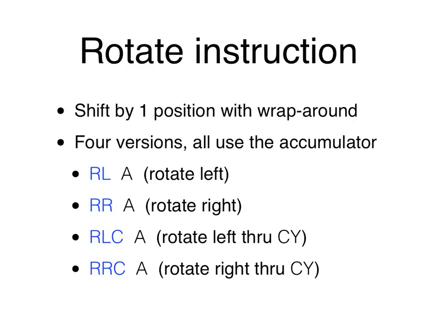Well, one thing is it's a way for you to transfer bits between the accumulator and the carry bit. Remember, the carry bit is used for jump if carry is set or carry is not set. There are other uses of it too, so it's a convenient thing to do.